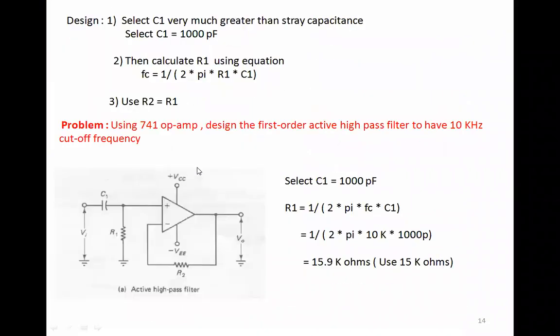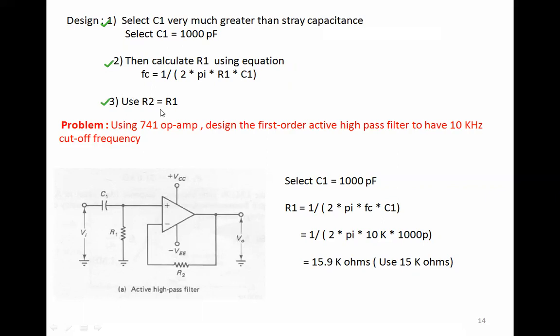Okay, fine. So what are the design parameters here? Select C1 very much greater than stray capacitance. So as usual, we're going to use the same 1000 picofarad even here. And we need to calculate R1 using FC is equal to 1 by 2 pi R1 C1, right? And we're going to equate both the resistors.